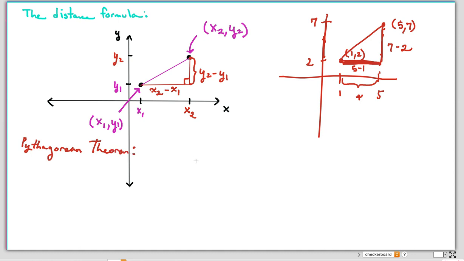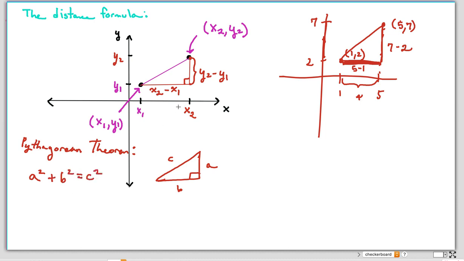It basically says that for any right triangle, if this length is A, this length is B, and this length is C, you have a relationship among all three of these sides, which is A squared plus B squared equals C squared.